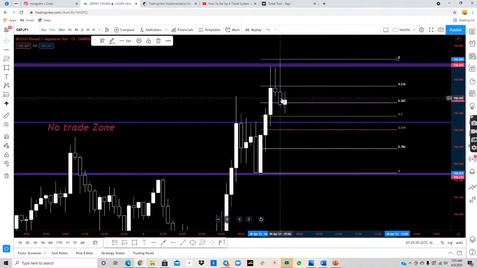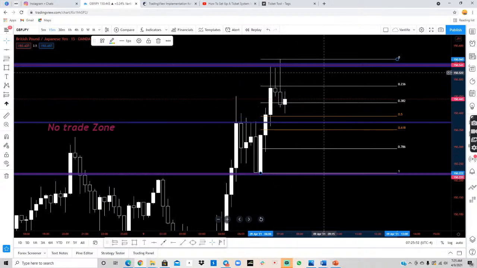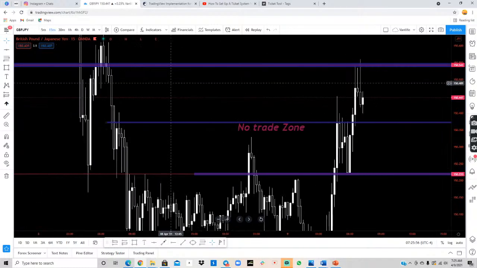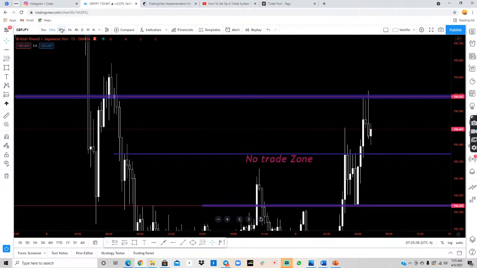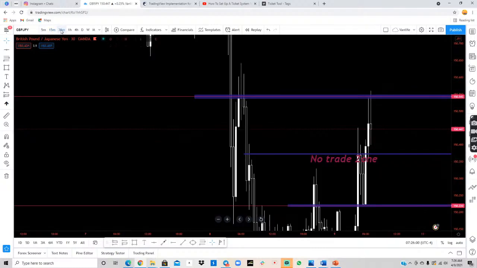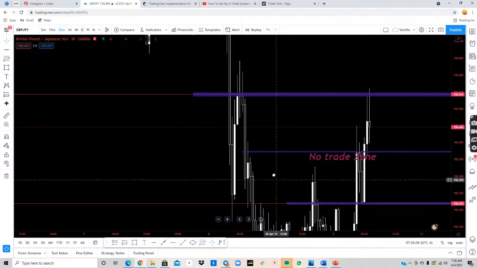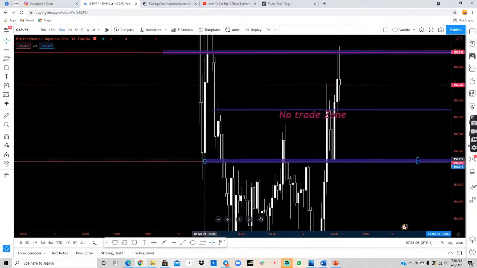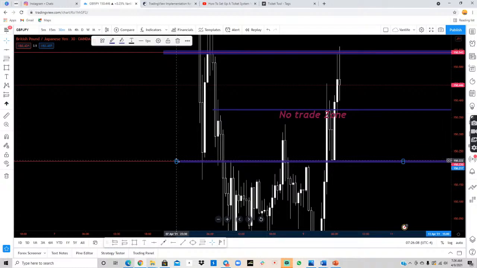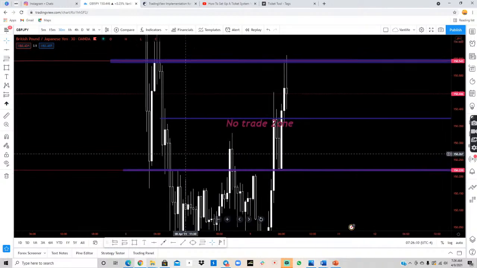Because this could just be a pullback for price to continue up. But my safer play is for price to break and close above this level. Feel more confident in taking that trade with a high probability of it actually working out the way I want it to.